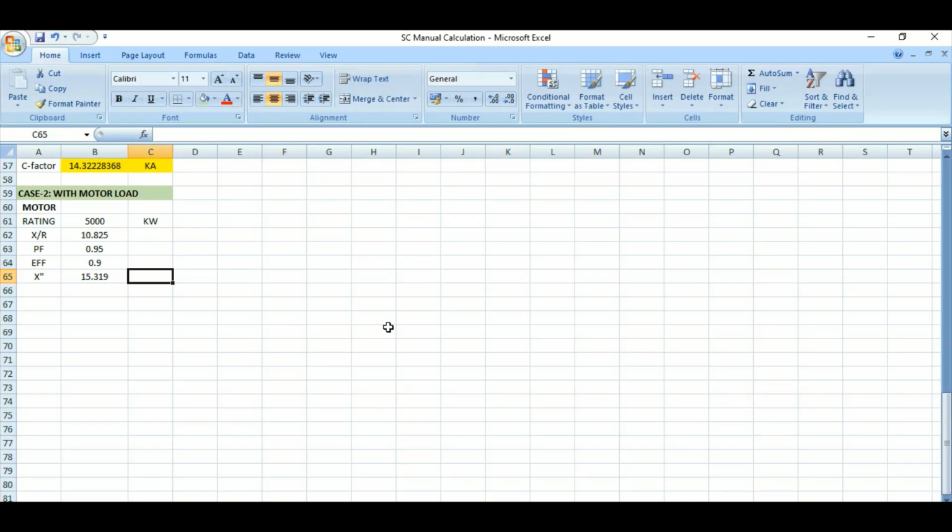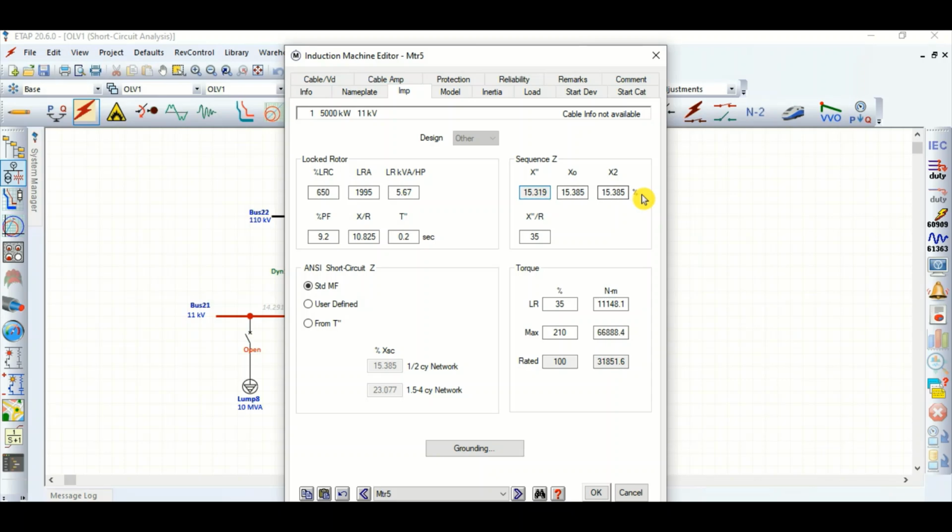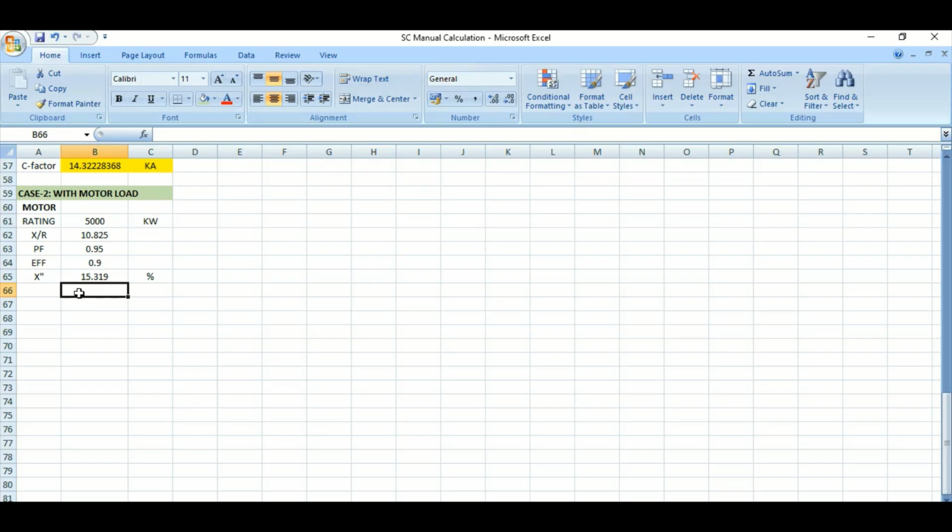That is in percentage, right? This is in percentage.